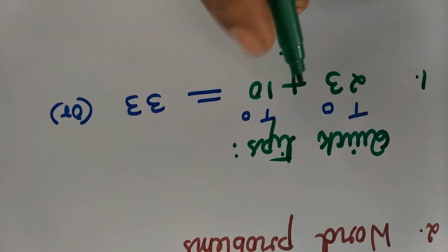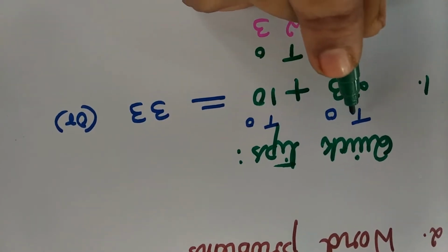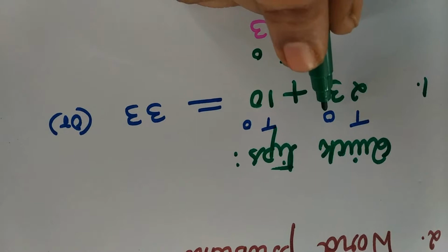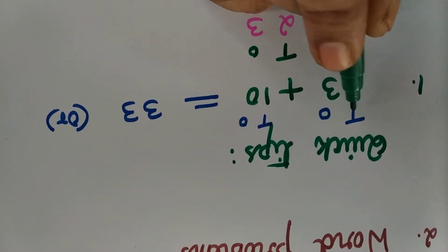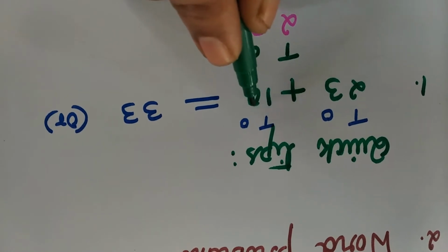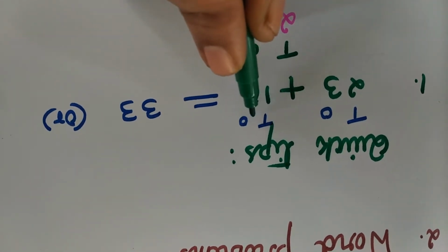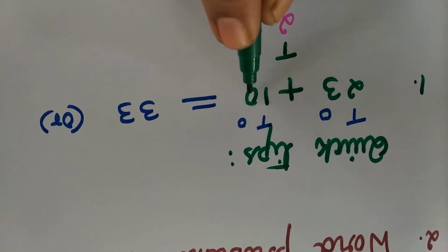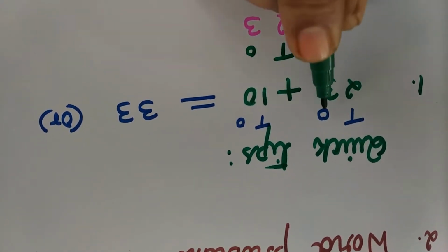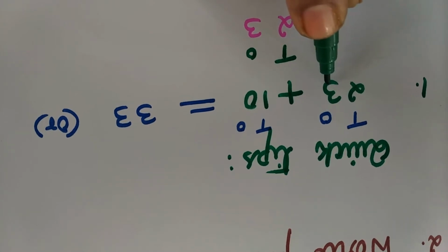Okay. So see here. Ones, tens. So for every number we will write ones place and tens place, isn't it? For the number 10 also you have to write ones place and tens place. Okay. Now see in ones place we have 0 and in this ones place we have 3.